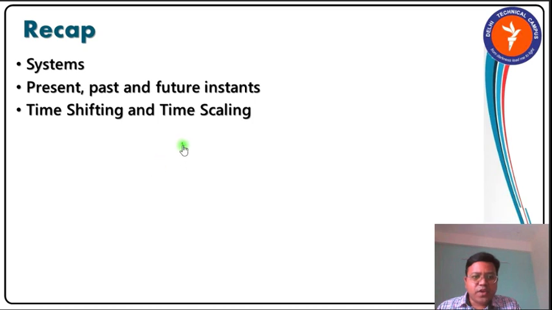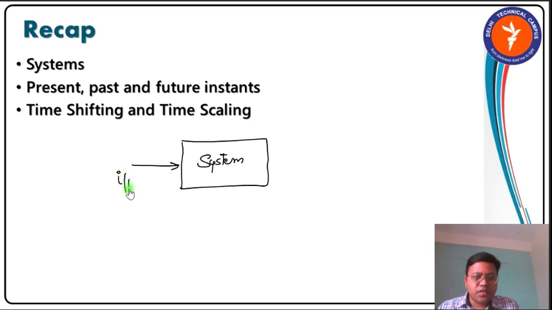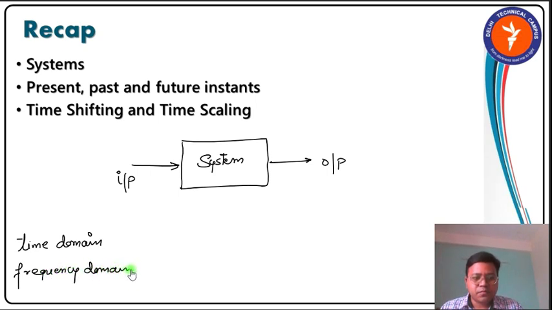Basically we can represent a system with a box. Say we have this system. Now this system processes the input and produces a certain output. This system can be represented in the time domain or in the frequency domain. In the time domain, the input and output signals are represented in terms of the variable time, or as functions of time.